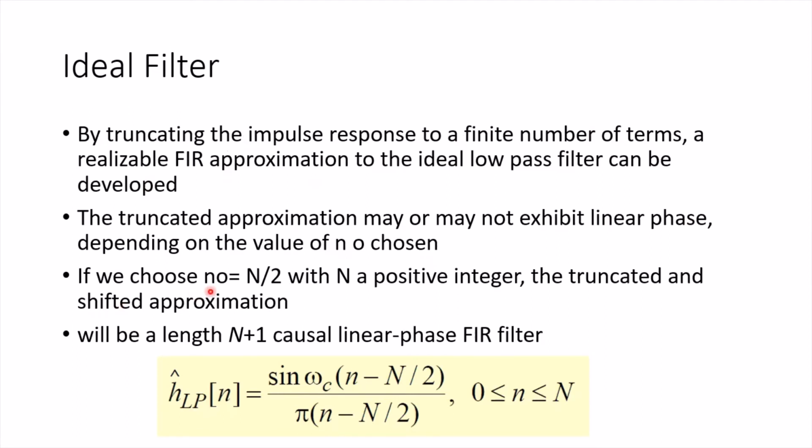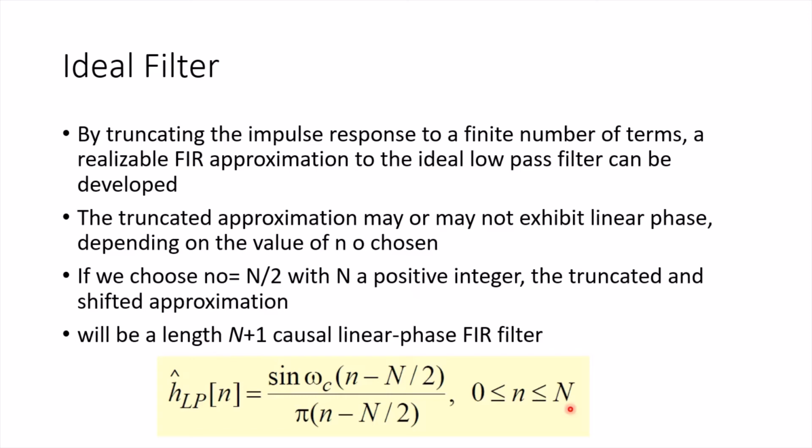If we choose n0 = N/2, with N a positive integer, the truncated shifted approximation can be this, where n0 is N/2 and the truncation limit is from 0 to N. It is because we want to maintain the linear phase and symmetry of the impulse response.